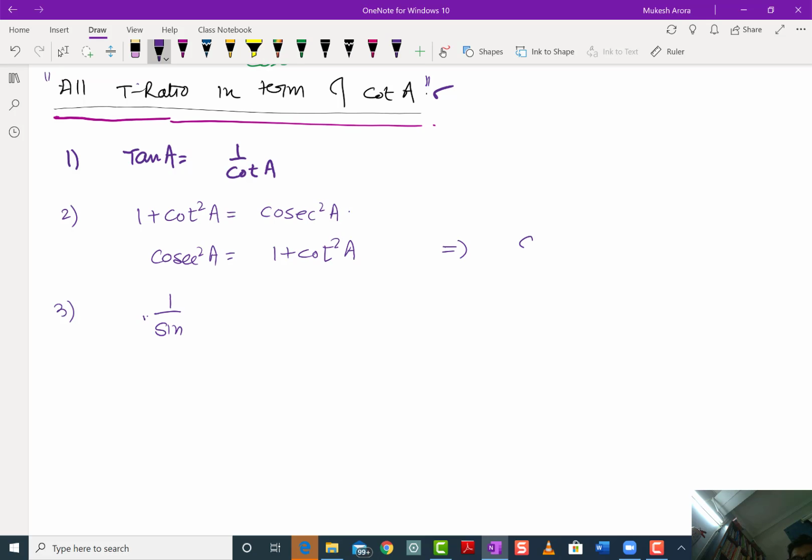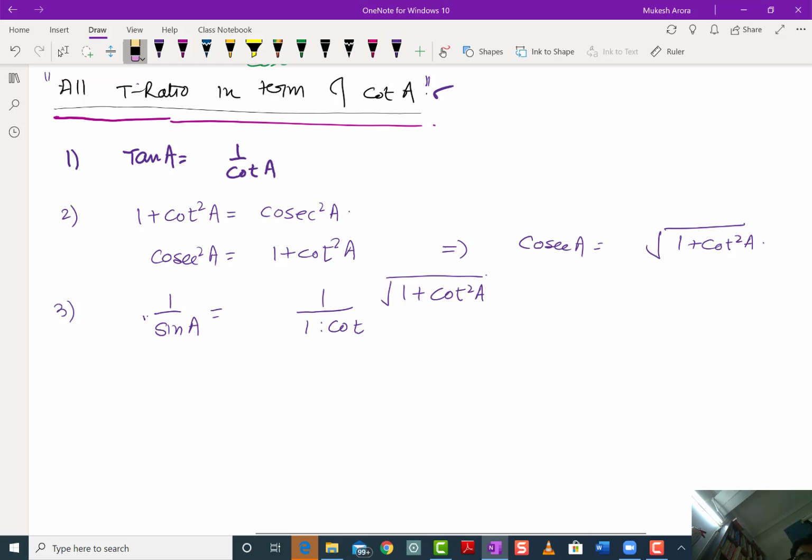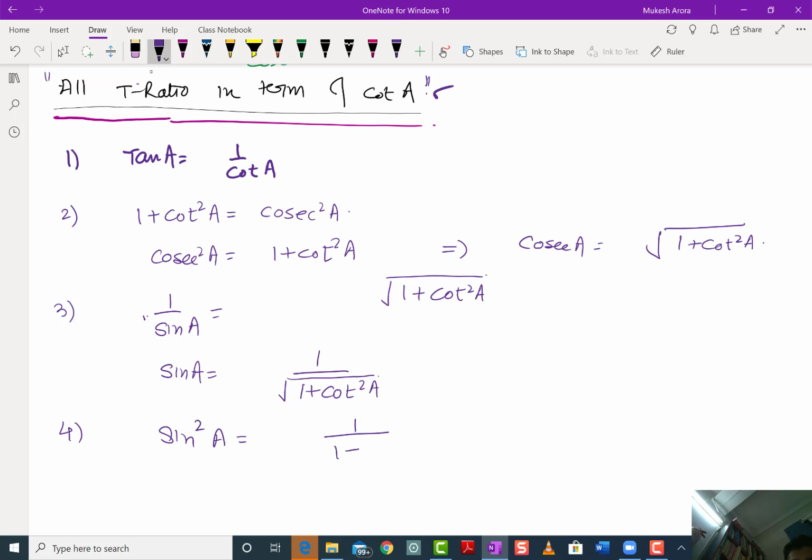That means cosecant A is equal to under root of 1 plus cot square A. That means 1 by sin A is equal to under root of 1 plus cot square A. So sin A will be equal to 1 upon under root of 1 plus cot square A. As we know, sin square A will be equal to 1 upon 1 plus cot square A.